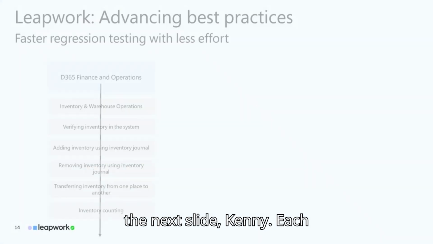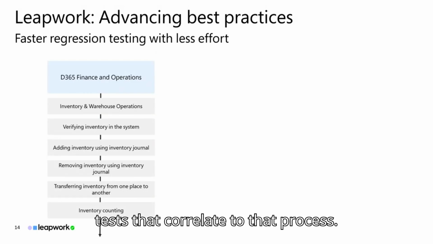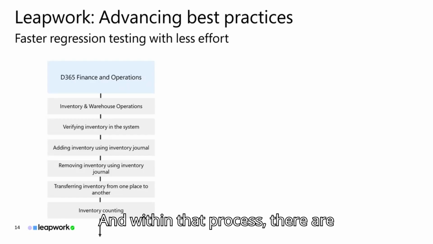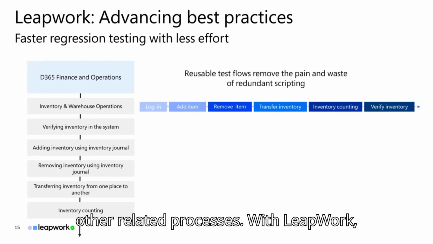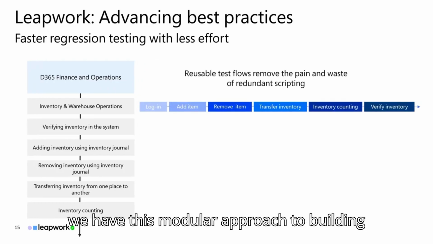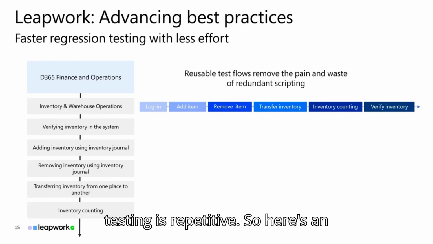So if you go to the next slide, Kenny, each process within F&O has a series of tests that correlate to that process. And within that process, there are reusable components that can be used for other related processes. With Leapwork, we have this modular approach to building automation because we understand that testing is repetitive. So here's an example.